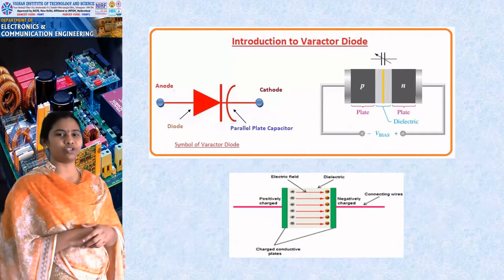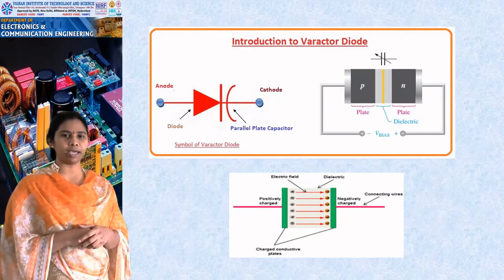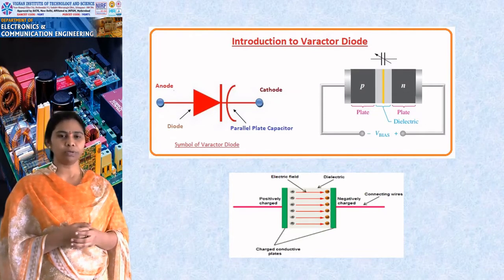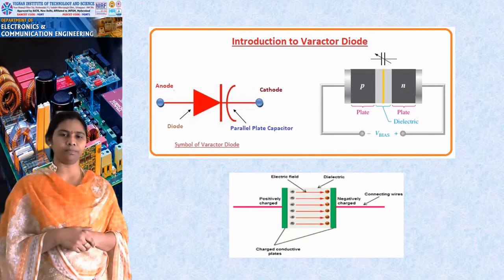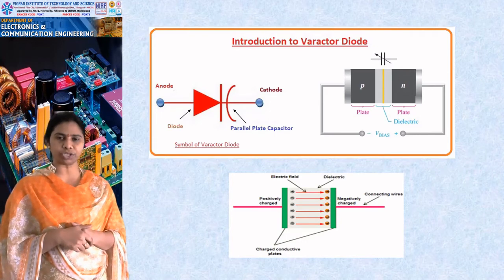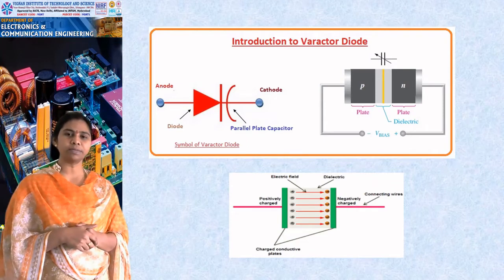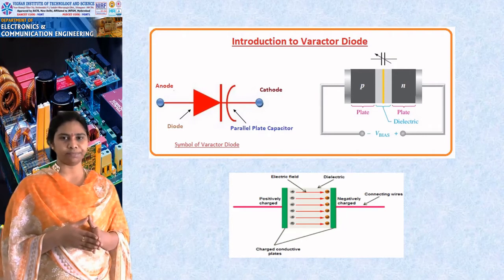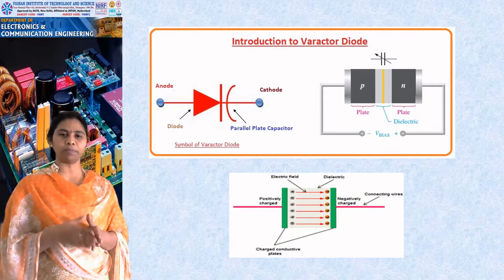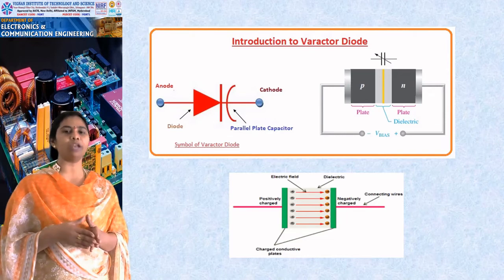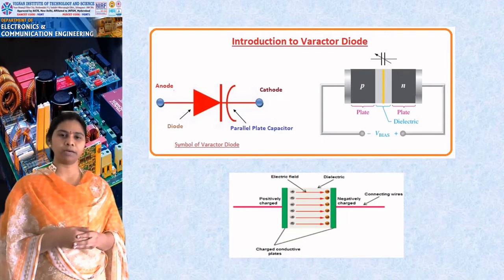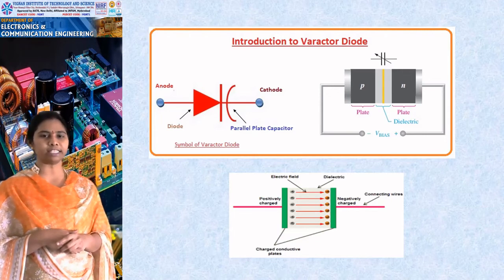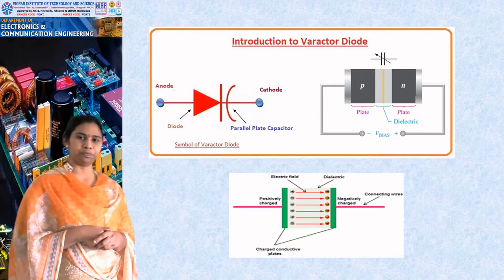At the reverse bias junction, you see a depletion layer of width W. We derived the capacitance in terms of width and area, defined as transition capacitance: if the depletion layer width is W and its area is A, then CT, the transition capacitance, is given by epsilon A by W.